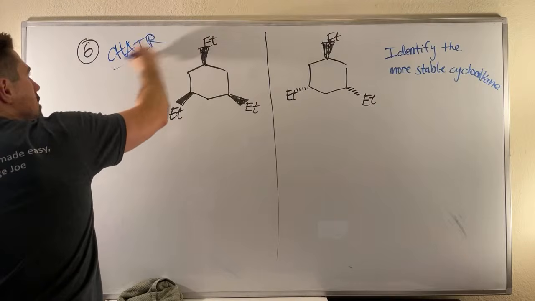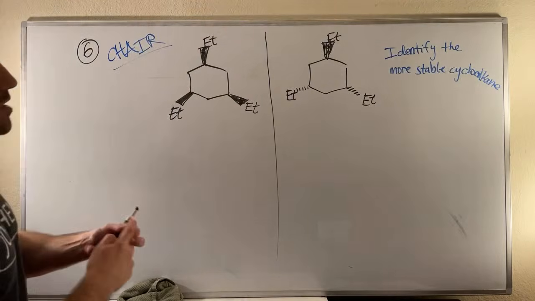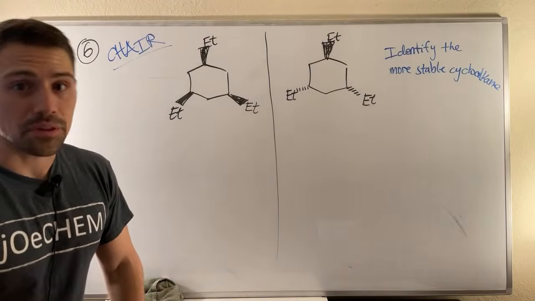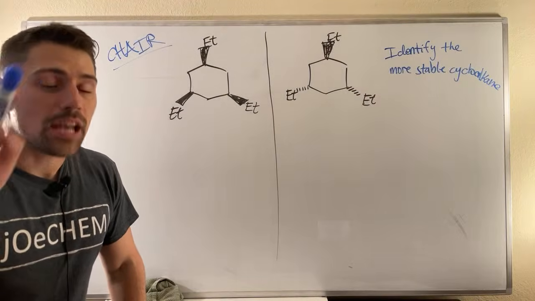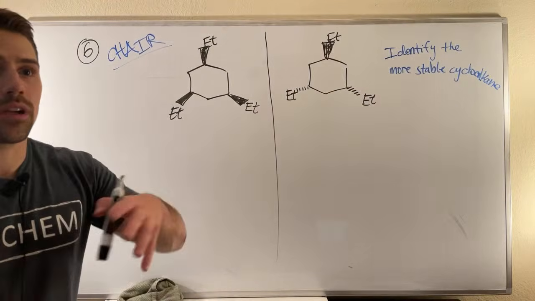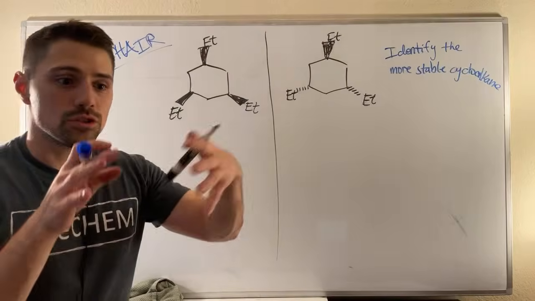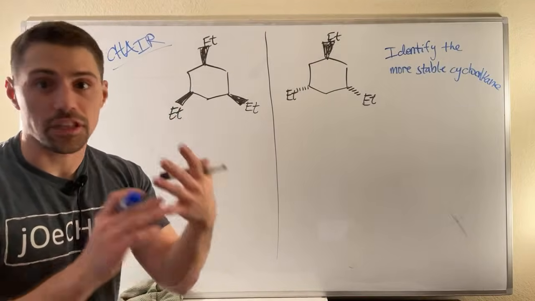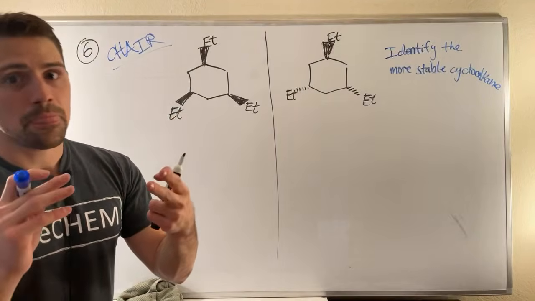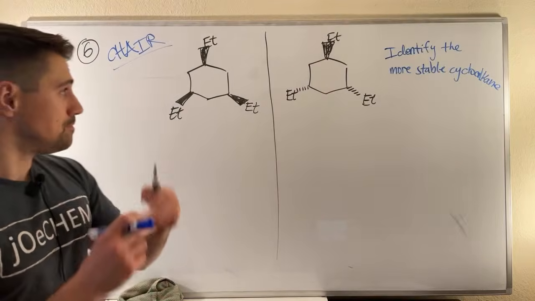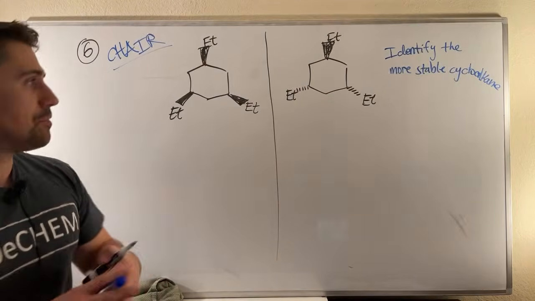You can't just look at this and know right away which one's more stable than the other. However, knowing how to draw the chairs and knowing how to identify, oh, this structure has a limited amount of steric hindrance, strain and whatnot, that's how you're going to identify this.